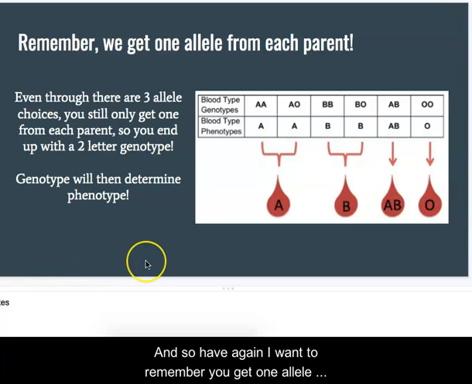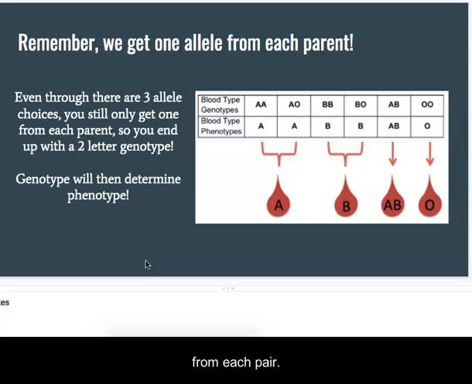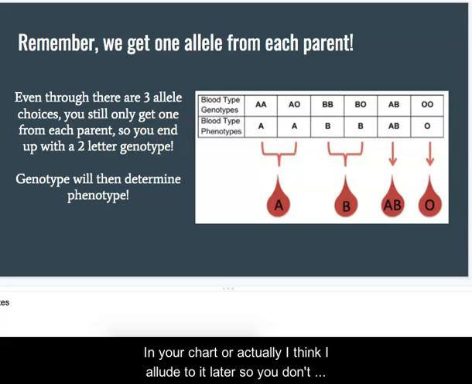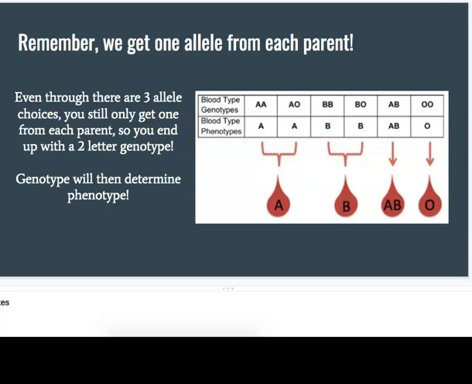Okay, and so again, I want you to remember, you get 1 allele from each parent. You don't necessarily have to write this down right this second, but you can add these genotypes to your chart.